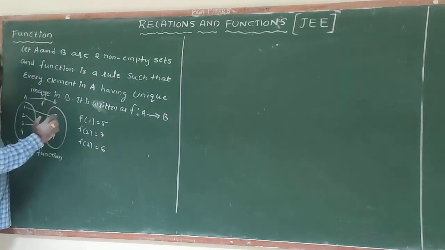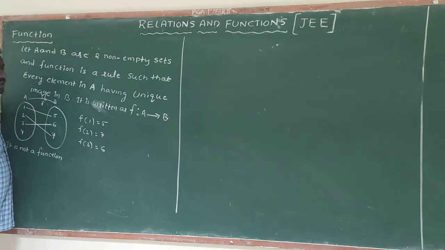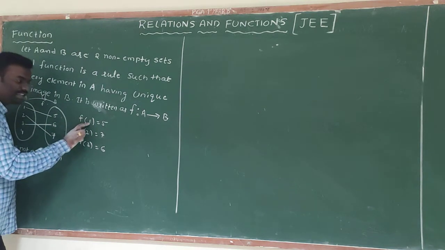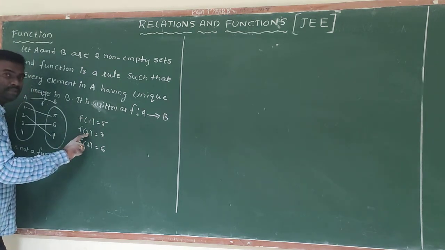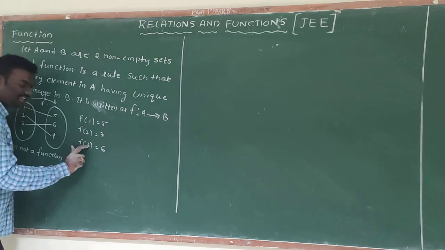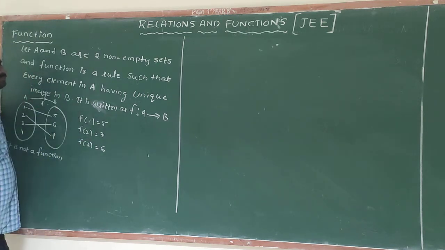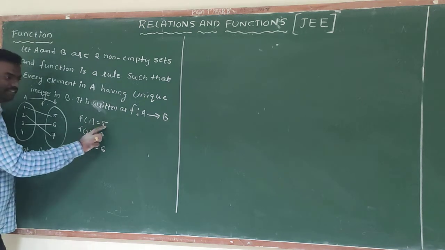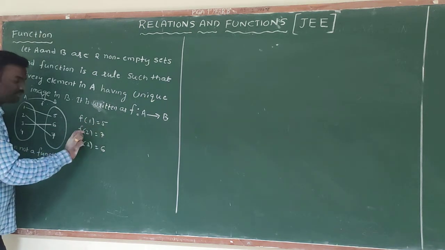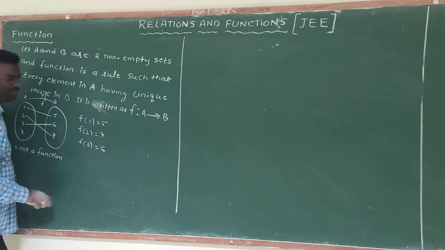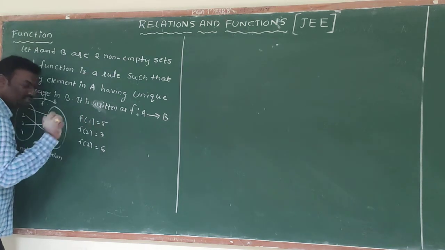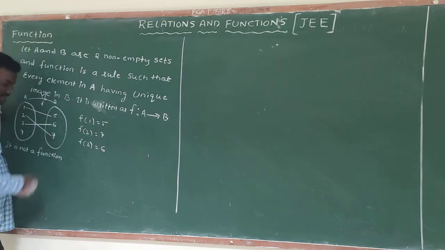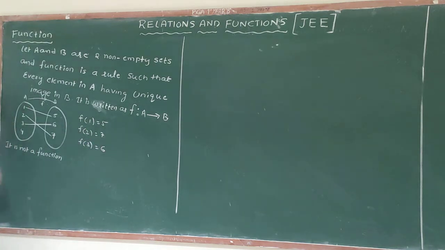The right side set values are the images of the left side set. If you want to say reverse, 1 is called the pre-image of 5, 2 is the pre-image of 7, 3 is the pre-image of 6. Understood? So this is not an example for a function.